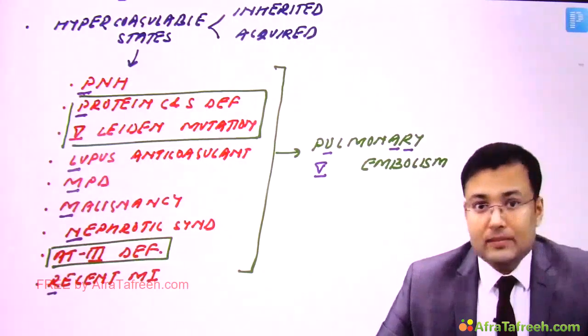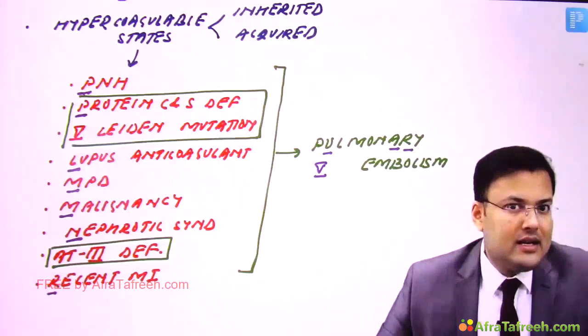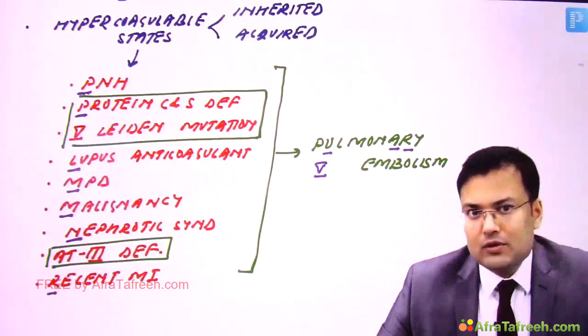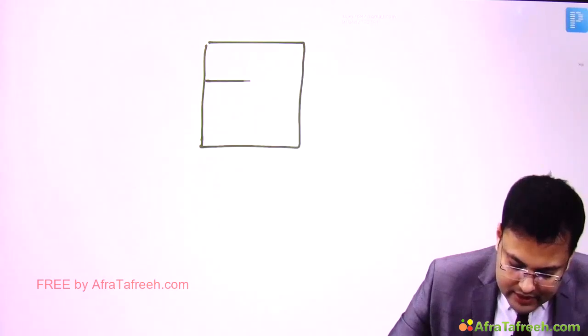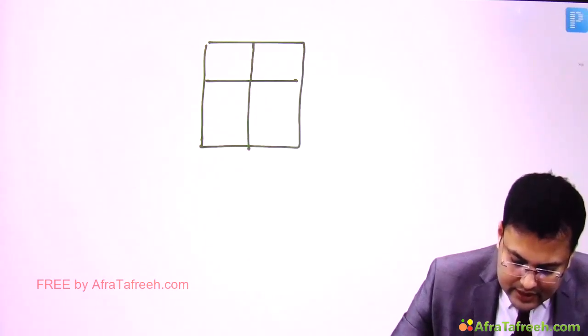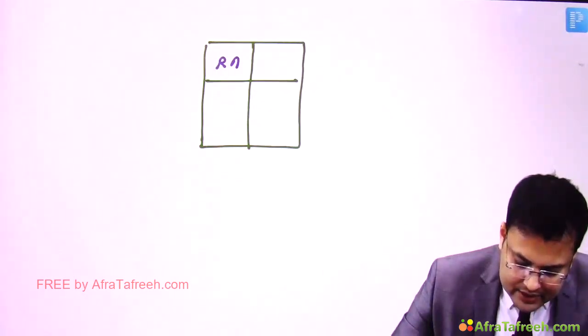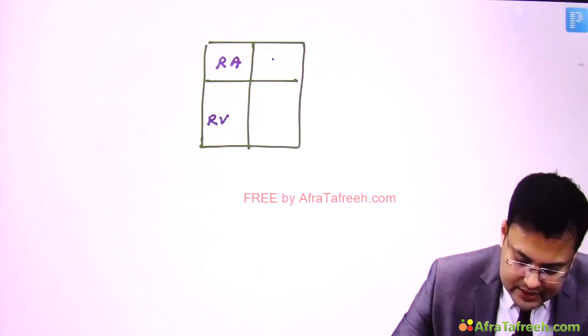Now see the pathophysiology. By understanding the pathophysiology, you can easily crack most of the questions. See, this is the heart. These are the chambers: right atrium, right ventricle, left atrium and left ventricle.